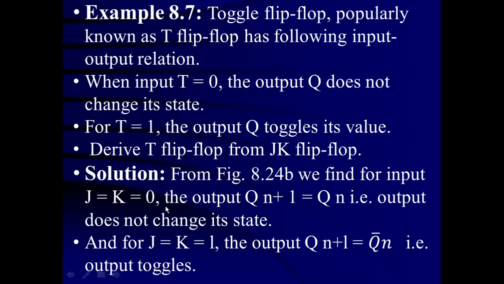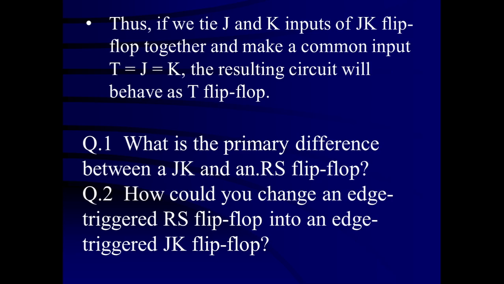The output does not change its state, it retains its last value. And for J equal to K equal to 1, the output Qn plus 1 is equal to Qn bar, so the output toggles. Thus, if we tie the J and K inputs of the JK flip-flop together and make a common input T equal to J equal to K, the resulting circuit will be used as a T flip-flop.